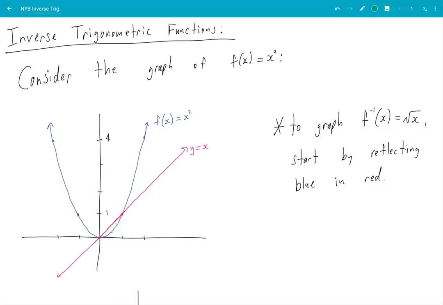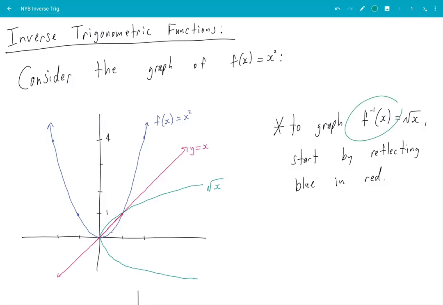You imagine the red line is a mirror, and you reflect and get something like, let's see, you get that roughly. But if you reflect this arm here, you'll get this part. Now, this you'll recognize as the graph of root x.